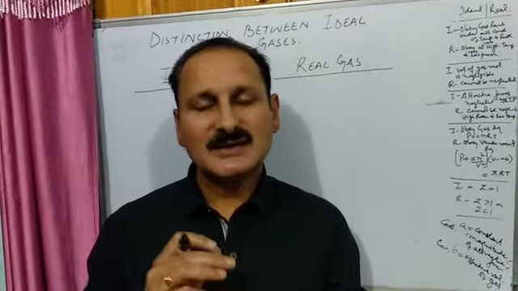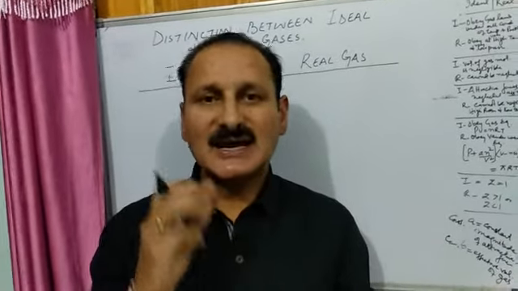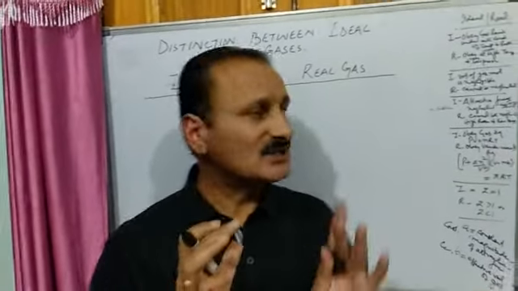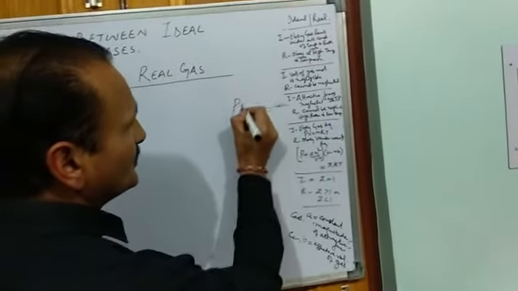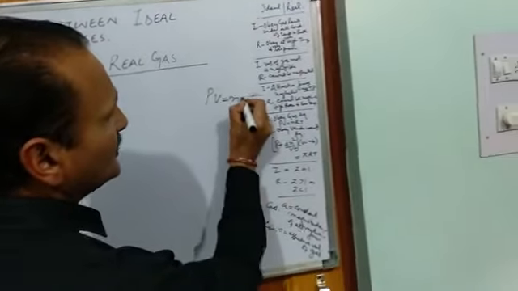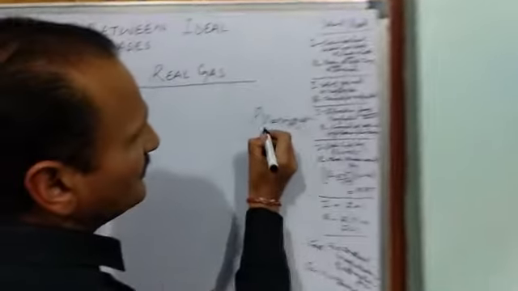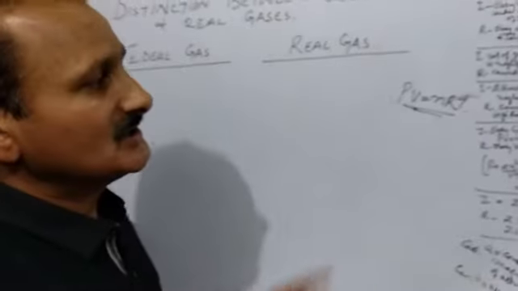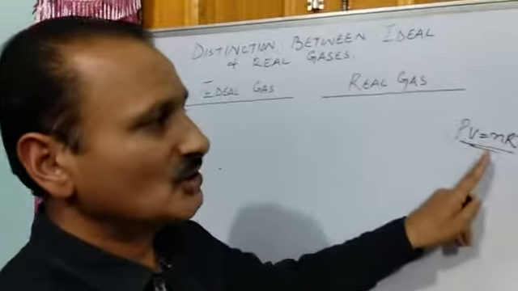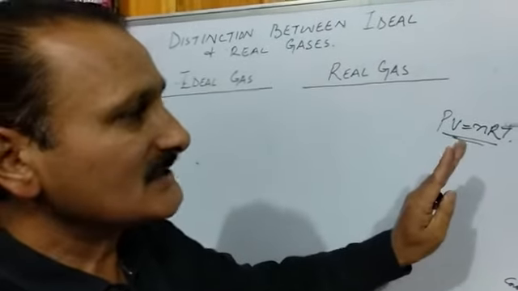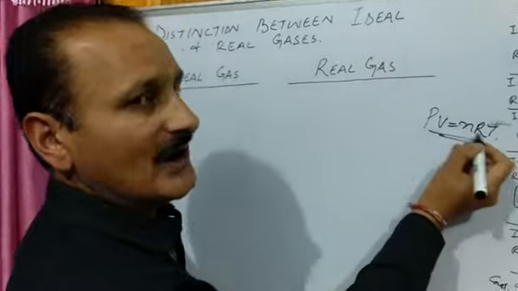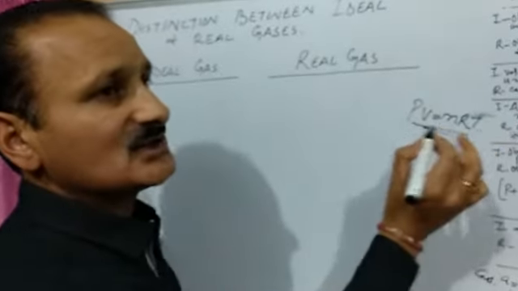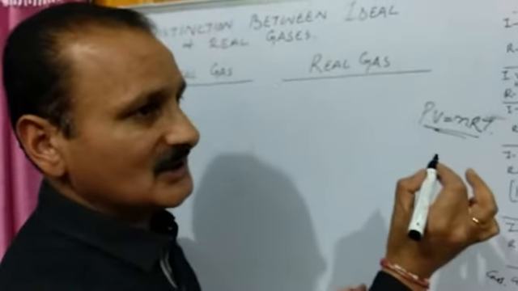Now, as far as our ideal gases are concerned, ideal gases are those which obey gas laws, or in other words, which obey this equation. Which equation is this? This is the ideal gas equation. So all those gases which obey this equation, that is PV is equal to nRT, such gases are referred to as ideal gases.